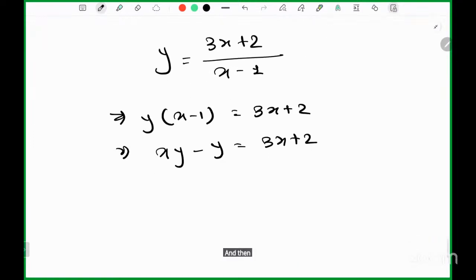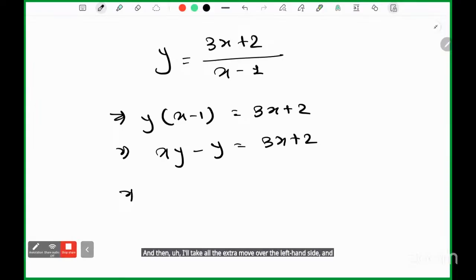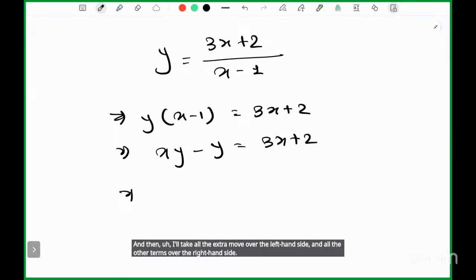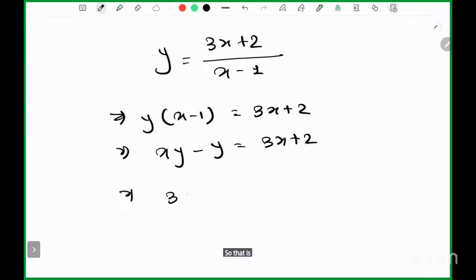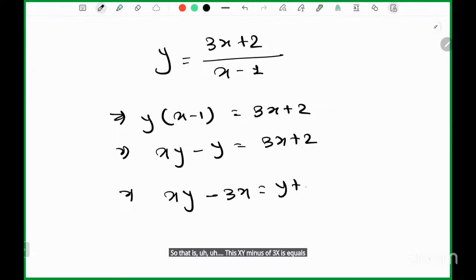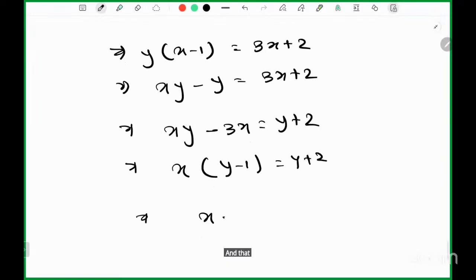Then I'll take all the x terms to the left hand side and all the other terms to the right hand side. So xy minus 3x is equal to y plus 2. I can take x common: x times (y minus 3) is equal to y plus 2. And that means x is equal to y plus 2 by y minus 1.